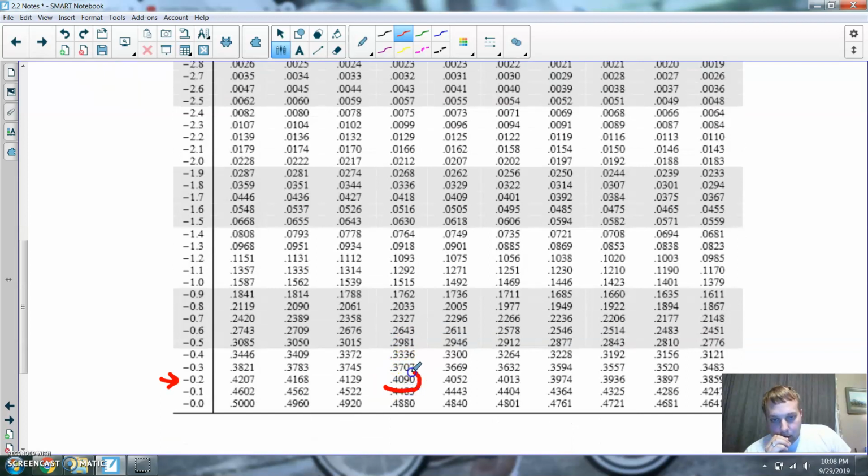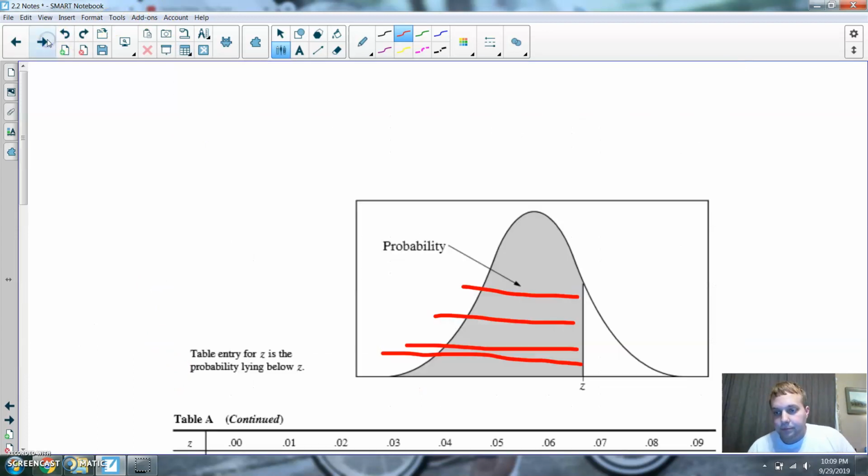So I would be at the 40.9 percentile. But like I said, why move that decimal over when you could make a mistake? Just keep it like this. So I am at roughly the 40.9 percentile. Cool.